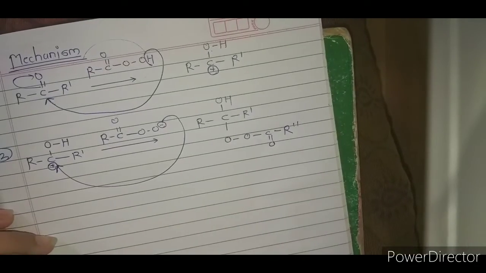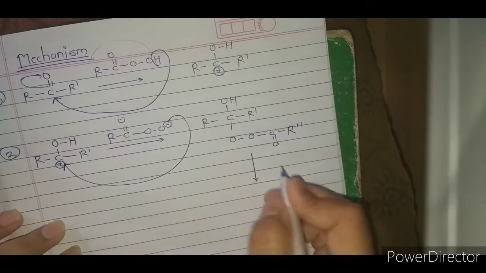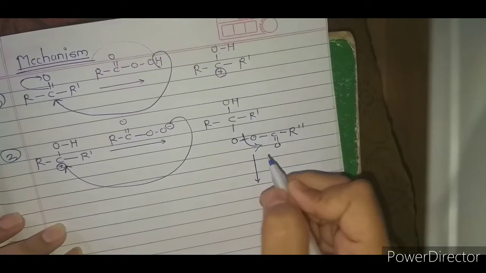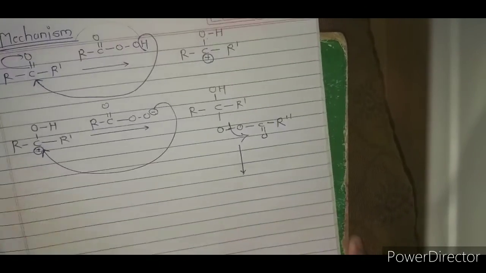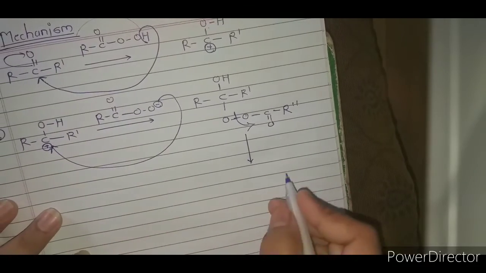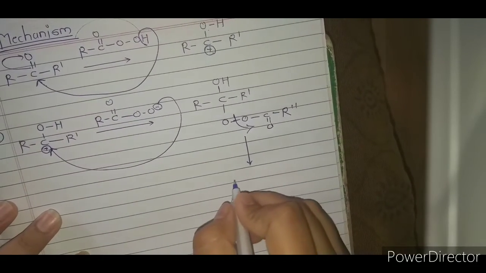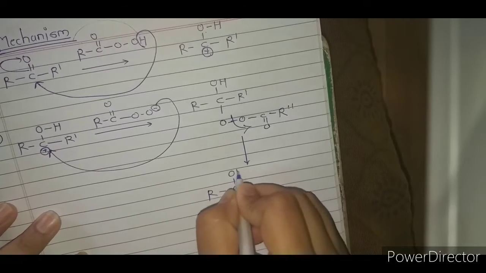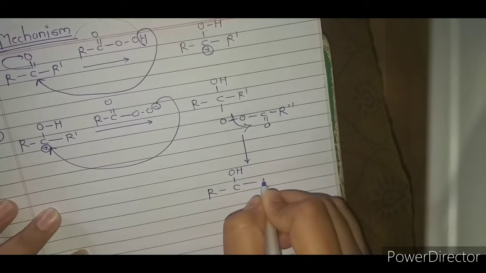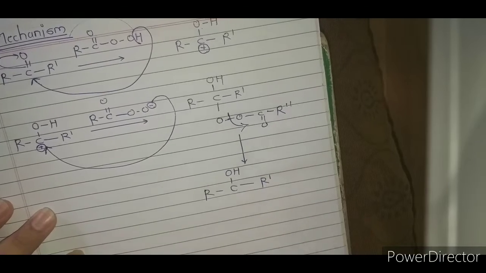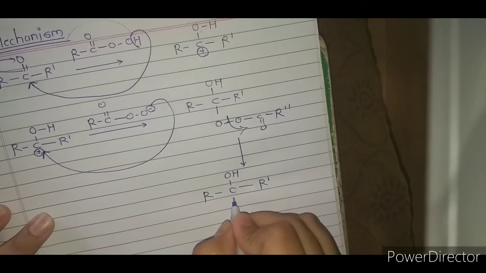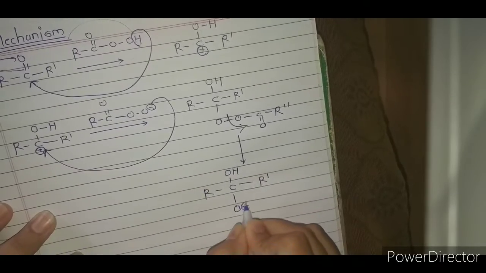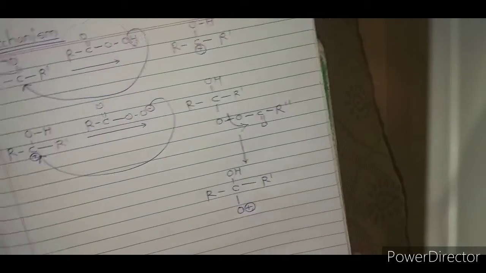Okay, in next step what happens? In next step this group is removed from here and forms this intermediate.